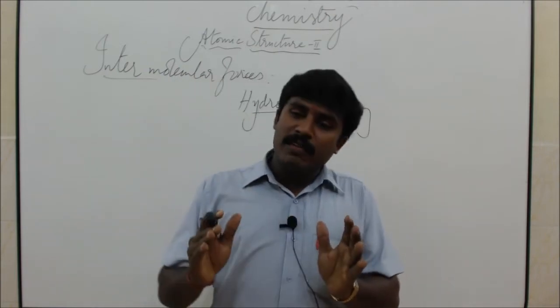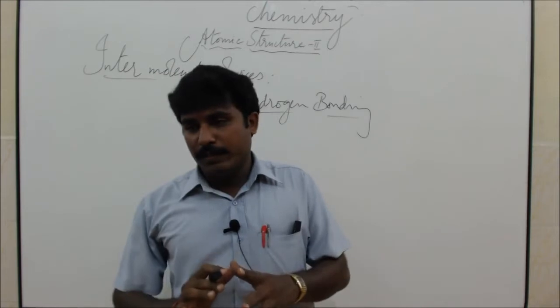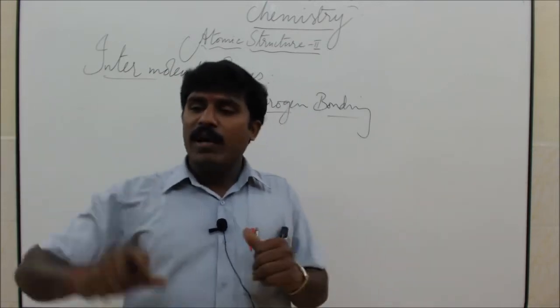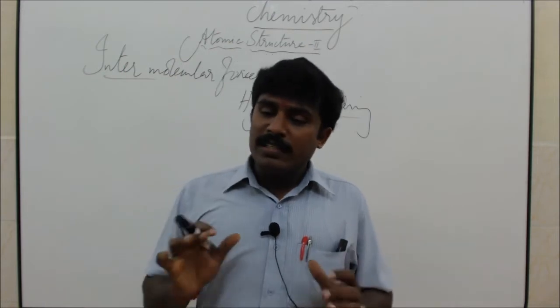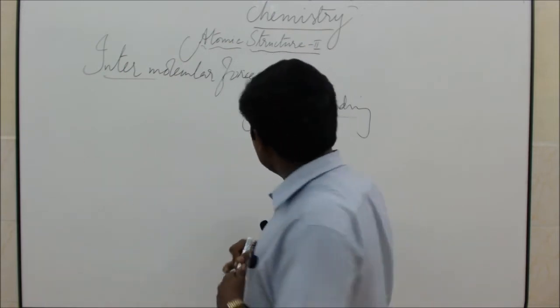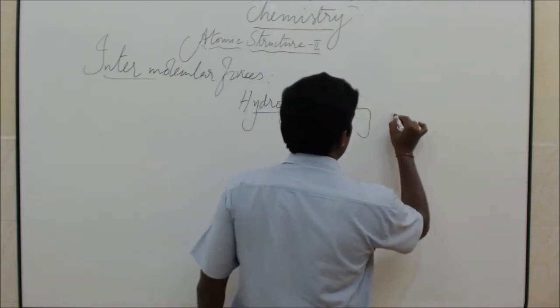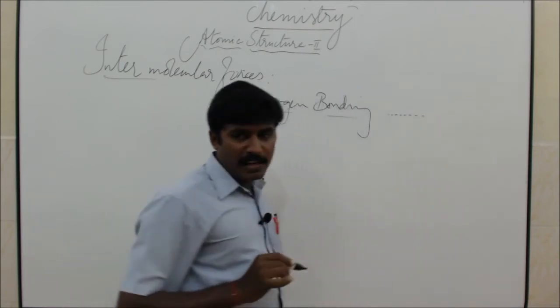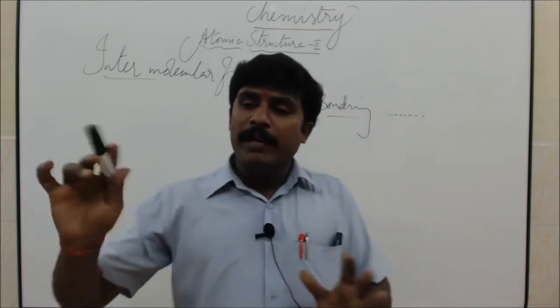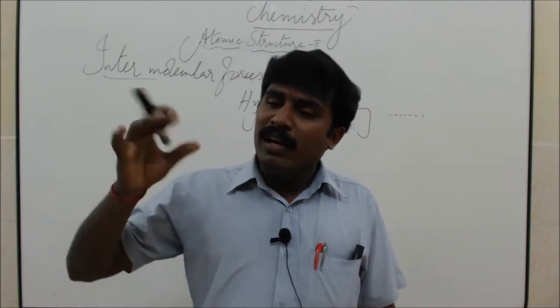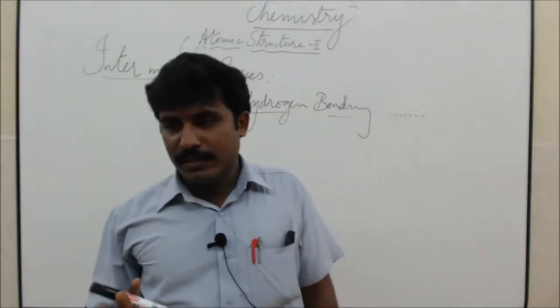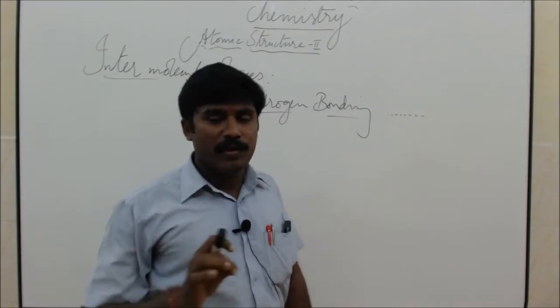A hydrogen atom is bonded with a heteronuclear atom or highly electronegative atom like oxygen or nitrogen or fluorine. This is known as hydrogen bonding. Hydrogen bonding is always represented by a dotted line. So hydrogen bonding means hydrogen bonded with one highly electronegative element like nitrogen, oxygen, fluorine.